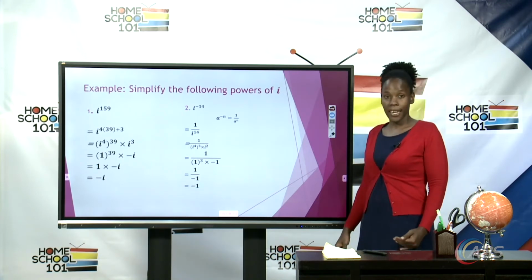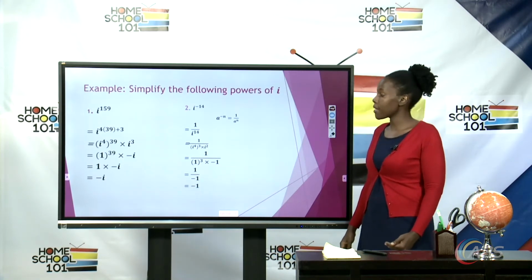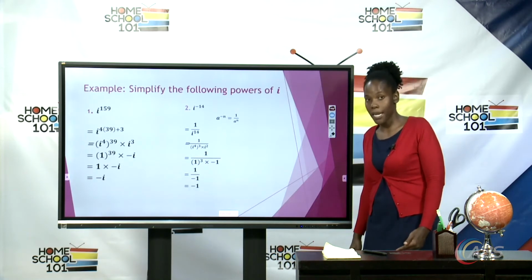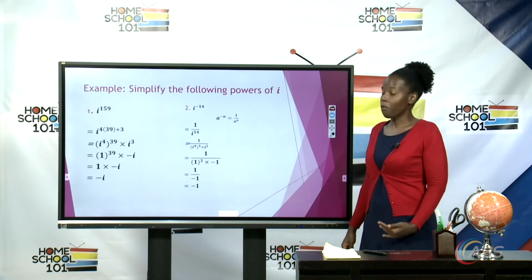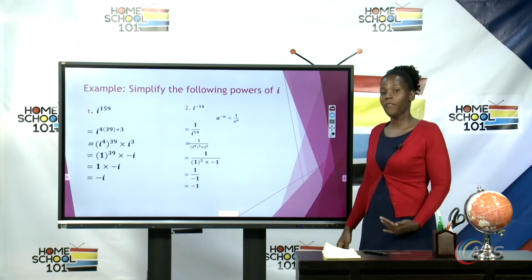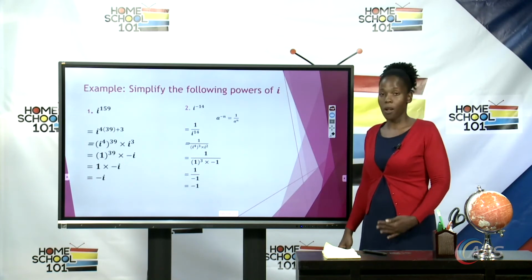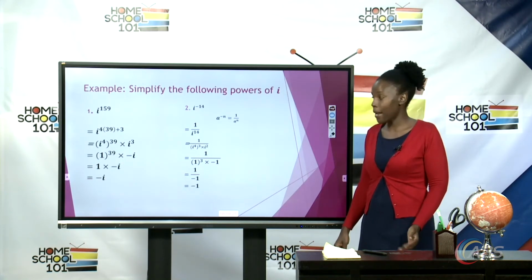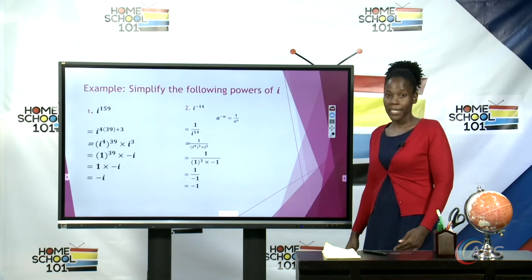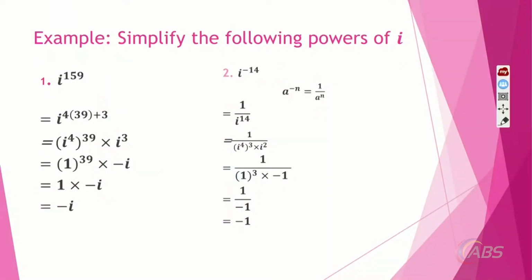Now that it is in the form of a fraction, what we would need to do is to focus on the denominator and simply write the denominator as i to the 4n, 4n plus 1, 4n plus 2, or 4n plus 3. As we see, 14 is 4 times 3, which is 12, plus 2.